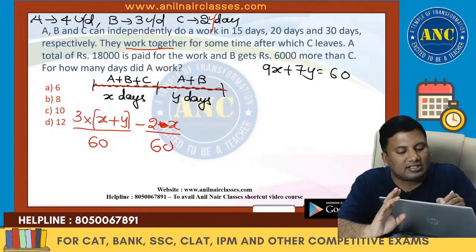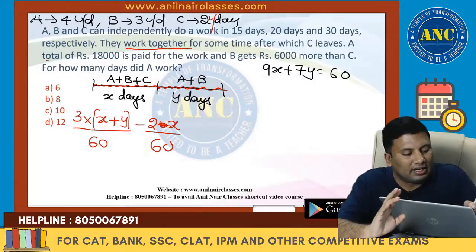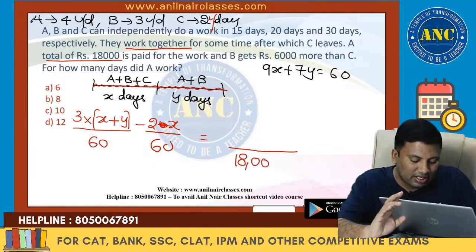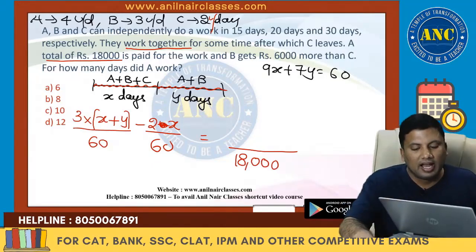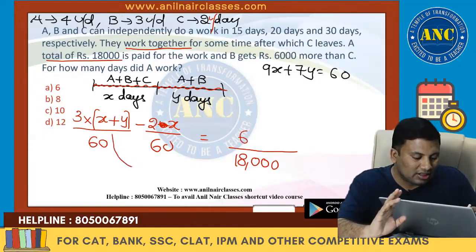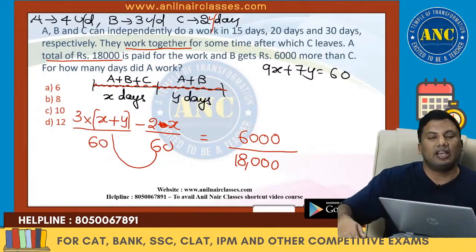This clearly says a total of 18,000. 60 units will result in 18,000 being paid for the work, and B gets 6,000 more than C. This is because B does more units than C. It is 6,000. Is this equation clear?